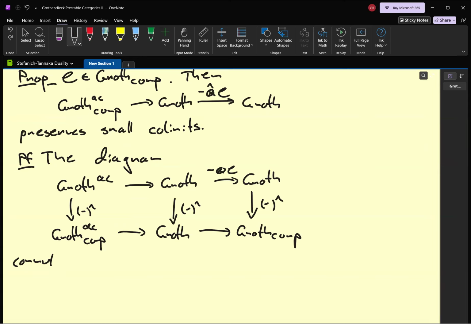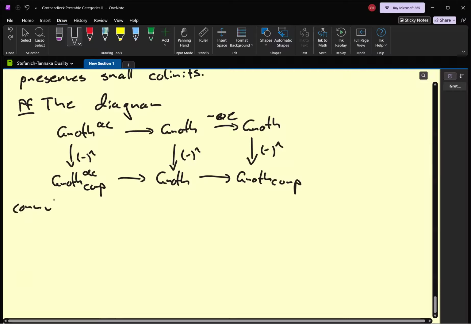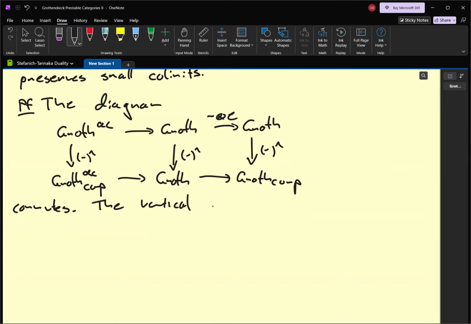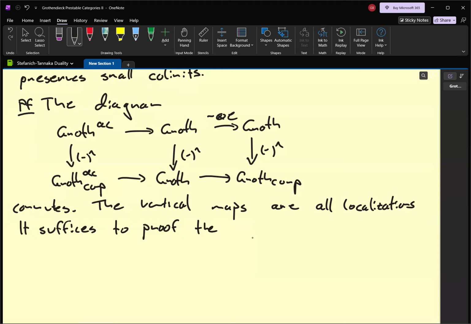So what does this buy us? So it commutes. Now the vertical maps are all localizations. And so it suffices to prove the result for the upper composite.